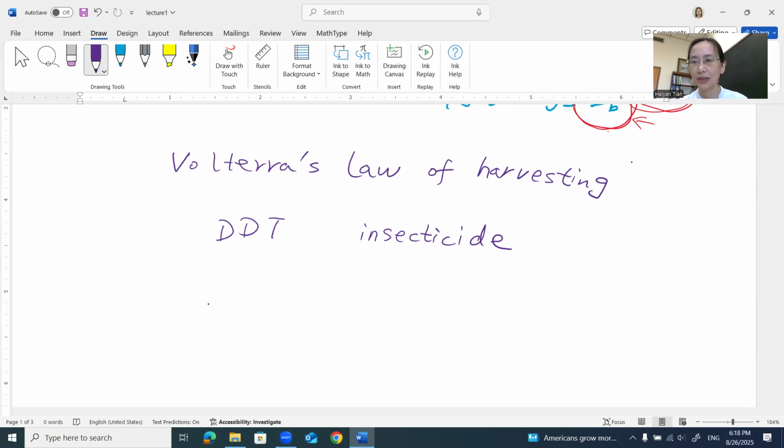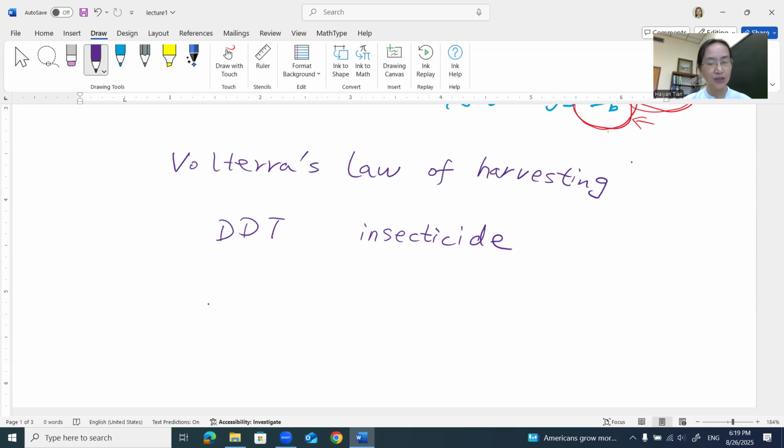So yeah, you don't have to know the name of that, but anyway, it is to protect the orchards from being harmed by that insect. So then people wanted to introduce DDT to kill that insect. So therefore they introduced the DDT.